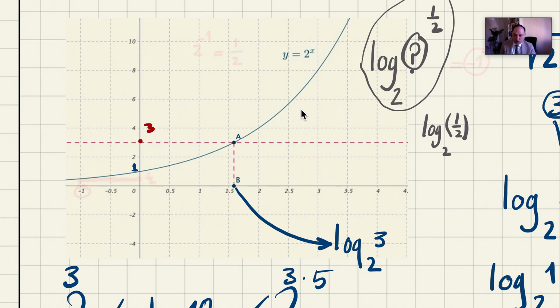But don't worry about these things. What I want you to understand is that if I put 1/2 here, the output answer is negative, and in this case happens to be exactly equal to -1.